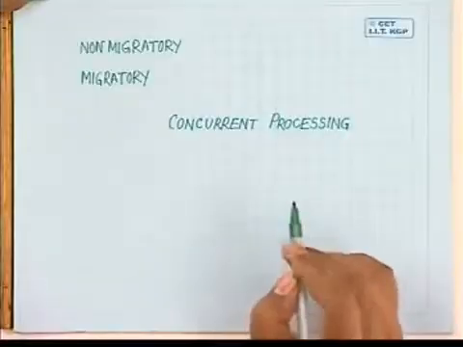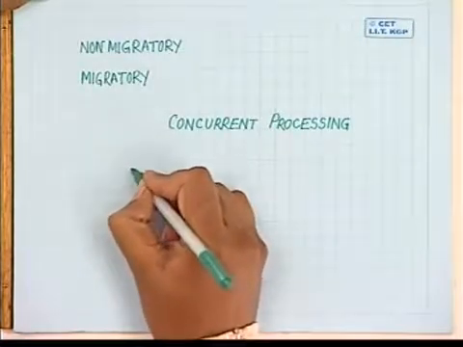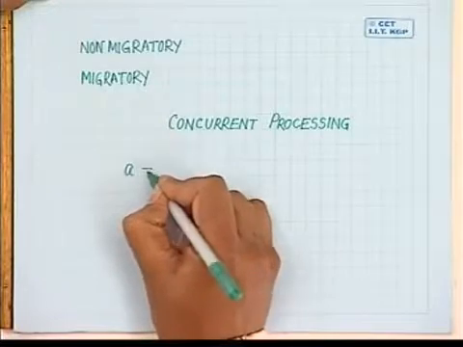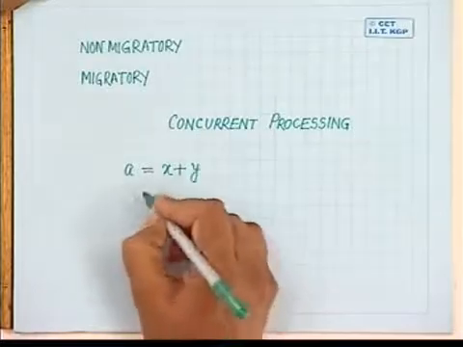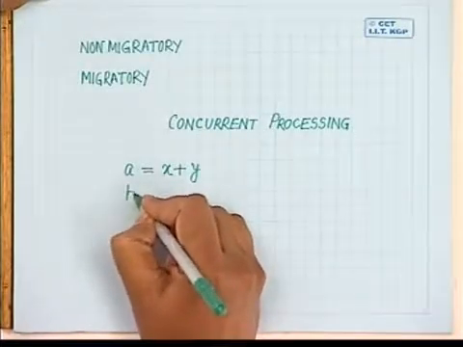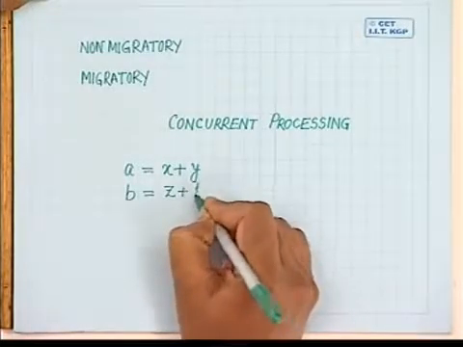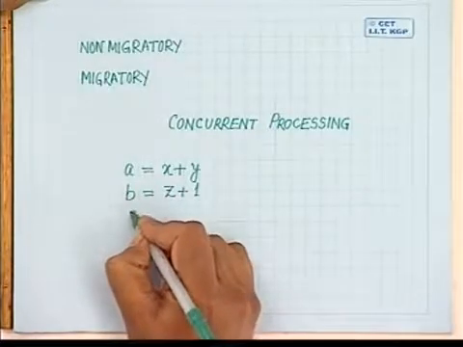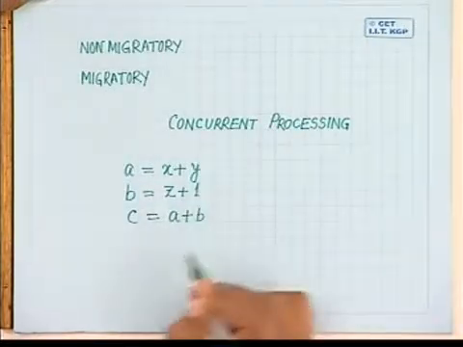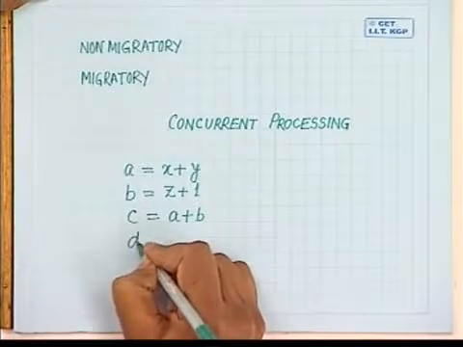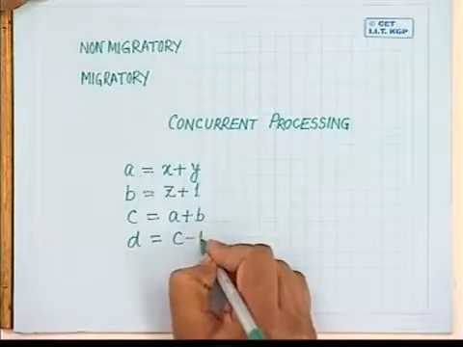So for that, let us take some statements. Say I have statements of the form A is equal to X plus Y, that is one statement. Similarly, I can have another statement, B is equal to Z plus 1, maybe C is equal to A plus B, and another statement of the form D equal to C minus 1.